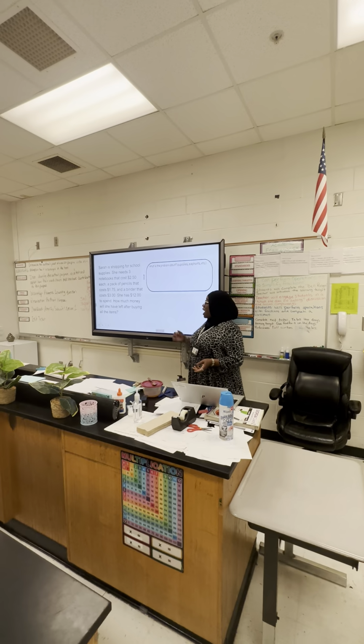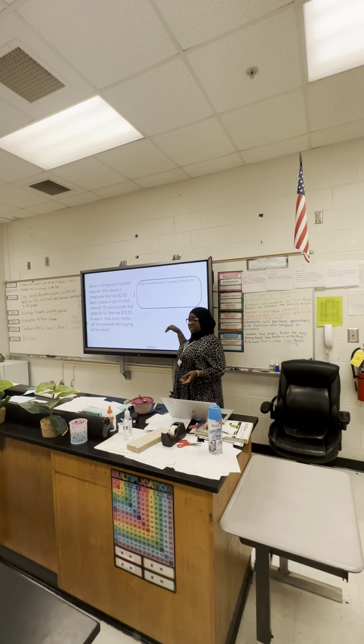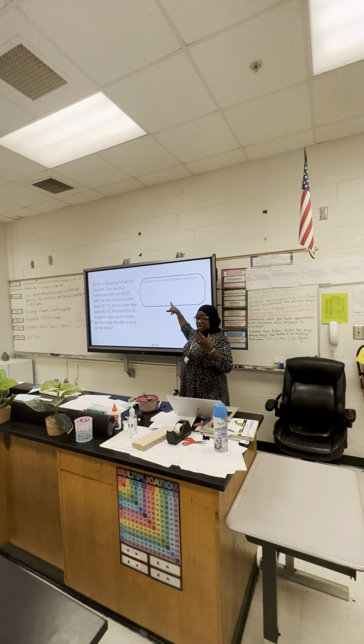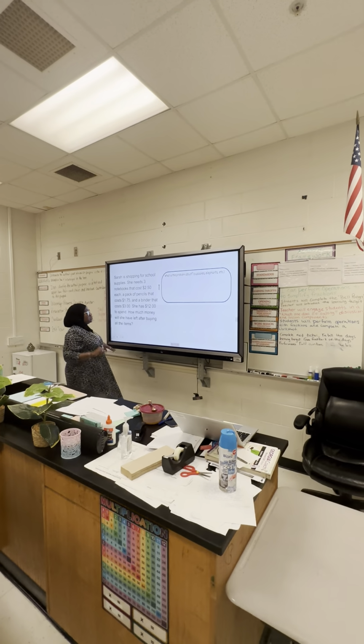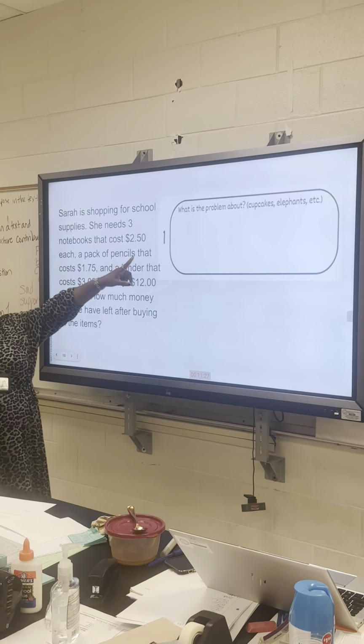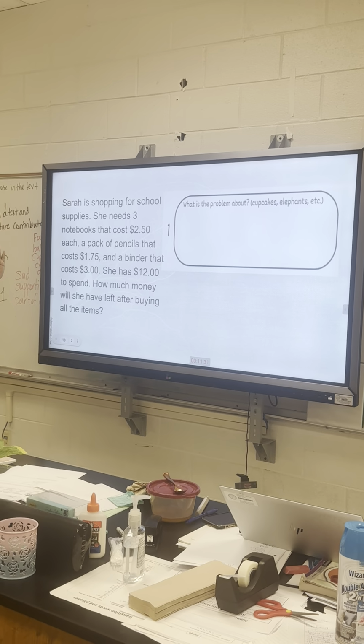To help us figure out how to do the 3-read process step by step, we have a graphic organizer that I'm also going to give you, to walk us through each step. So what is the problem about? Cupcakes, elephants, what? Sarah is shopping for school supplies.